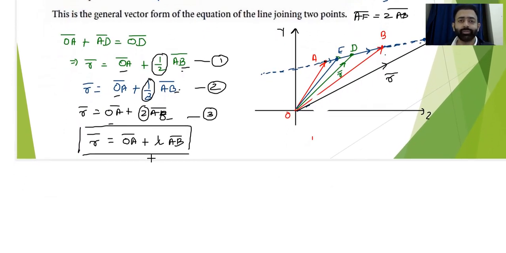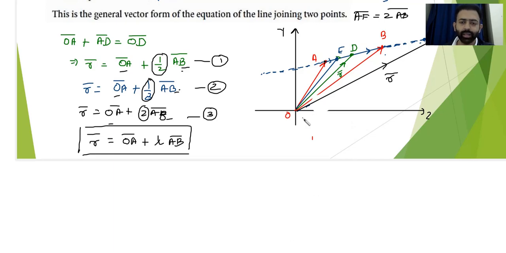Now in this vector equation, there are two important vectors. As you have noticed, to reach a point lying on the straight line AB, I start from the origin, reach point A, and then follow the direction AB.